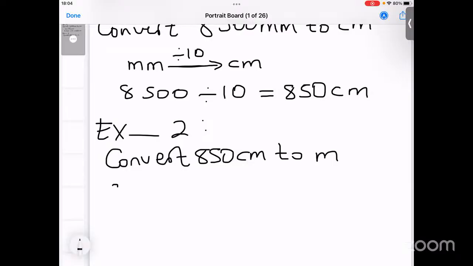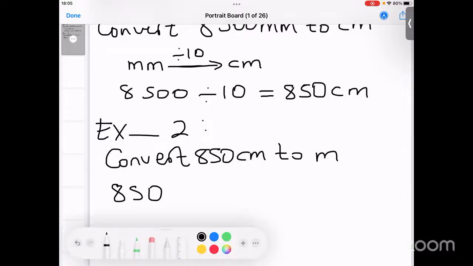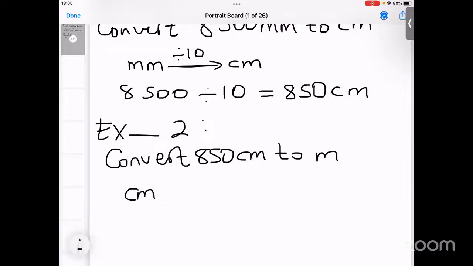This time around, you just divide it by 100. It is as simple as that. So that means converting from centimeters going to meters, what you do is to then divide by 100.